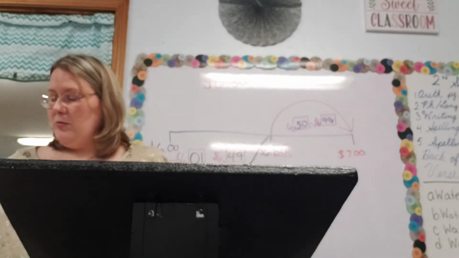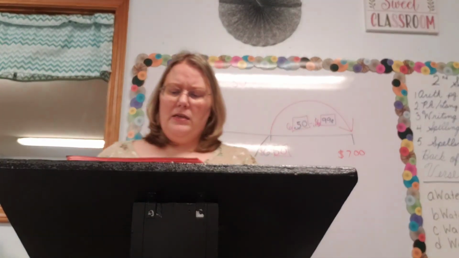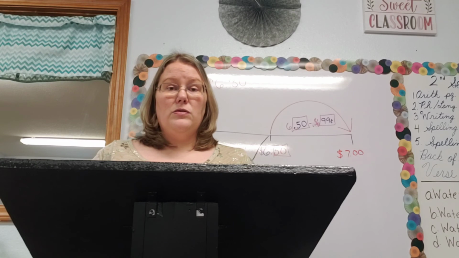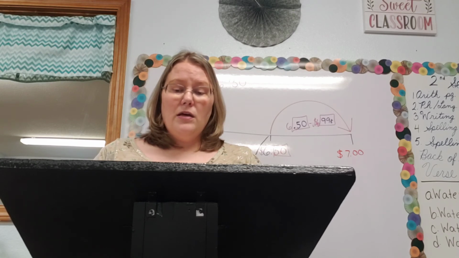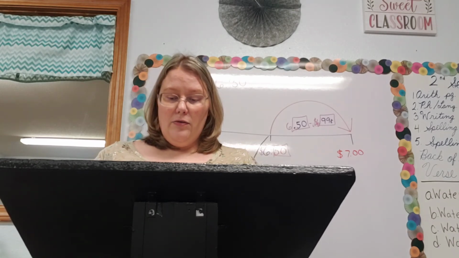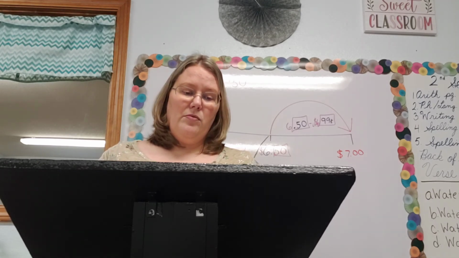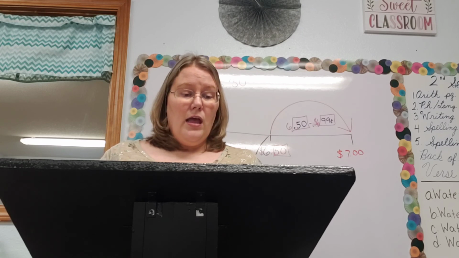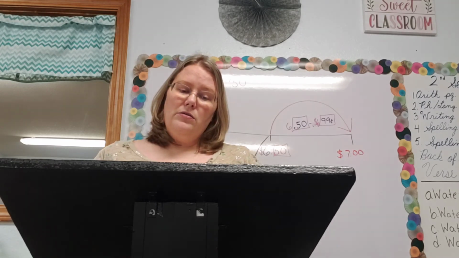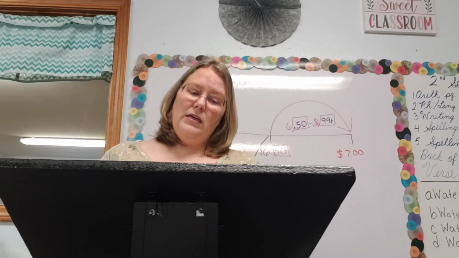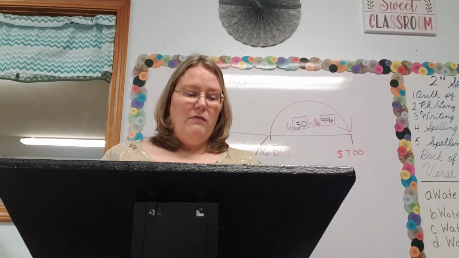If you look at your paper, we're going to do a couple problems on here. I'll do a couple things on the board, so I'll have to erase and then do some other problems. But there's a couple problems on your paper I wanted to go through. So let's continue with the number 1 part of our lesson. It says at the very top, rounding money to the nearest dollar. An amount of money rounded to the nearest dollar has no cents. If there is 1 cent to 49 cents, round down. And they give you a few examples.